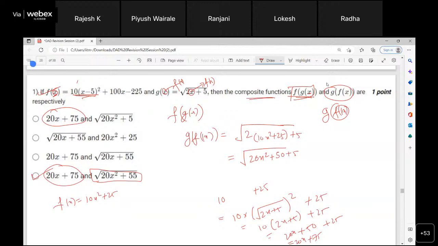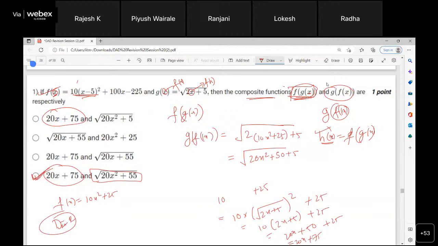Now if I want to find out, say suppose h of x equals f of g of x, okay? Now I need to find out the domain of this particular function h of x. So at first we need to find out this particular expression we got here. So basically domain is all real numbers for this expression.